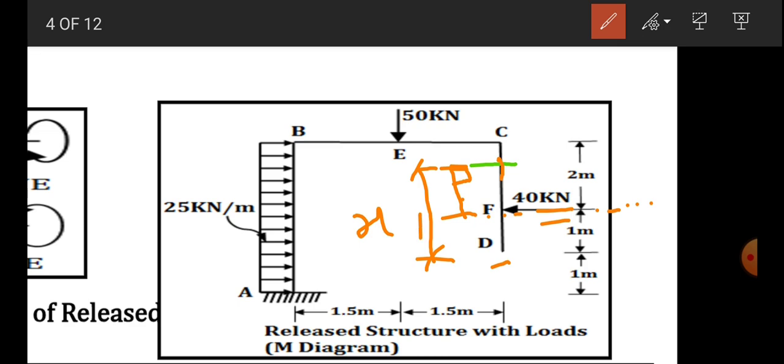The x is the distance of the horizontal imaginary axis from D, and the 40 kilonewton force is located 1 meter from D. So this perpendicular distance will be x minus 1.